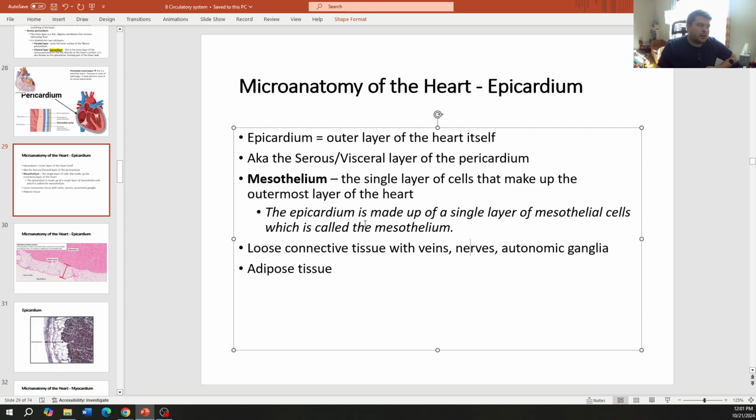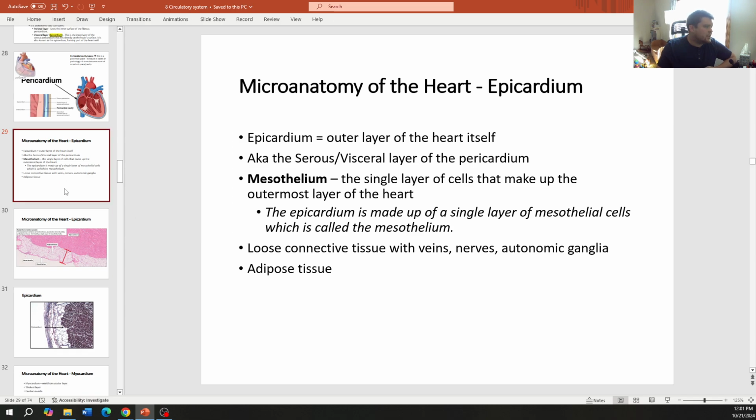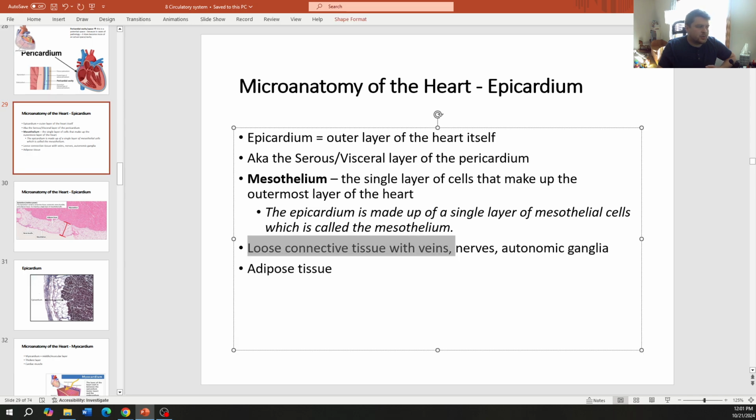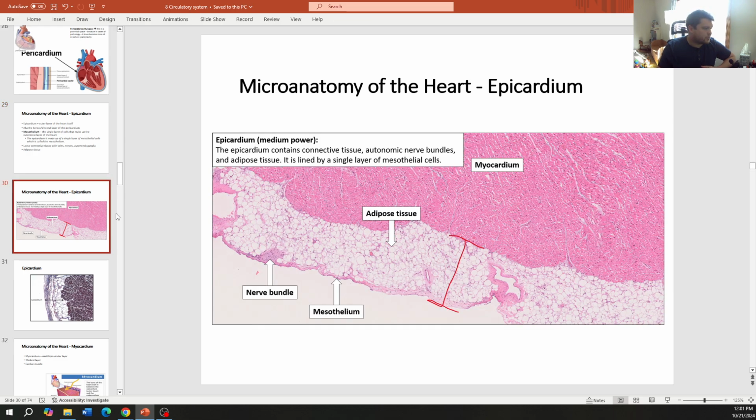Within the epicardium, we're not going to go too deep into it, but there's also kind of extra little layers inside, because there's also a loose connective tissue with veins, nerves, and ganglia. Remember we talked about ganglia before, as well as some adipose tissue. So right in here, I guess I should clarify what I'm saying specifically.